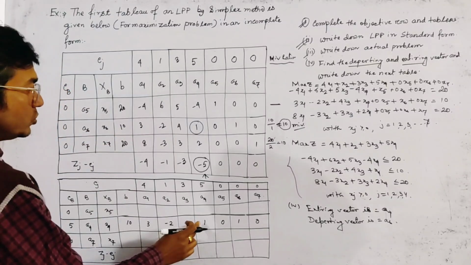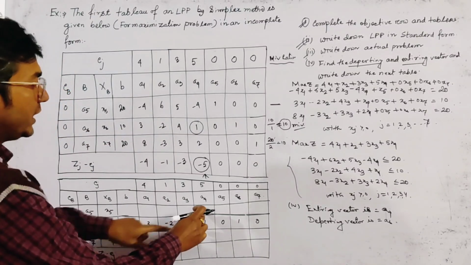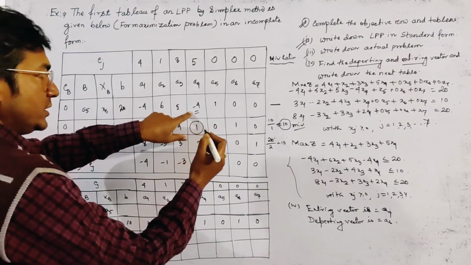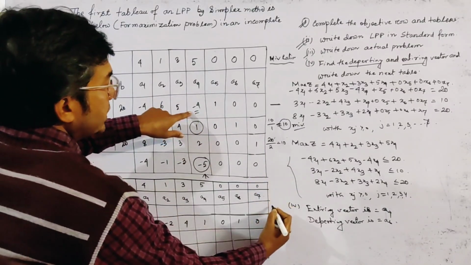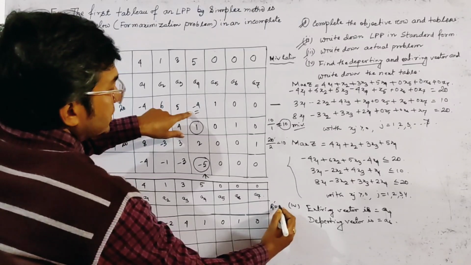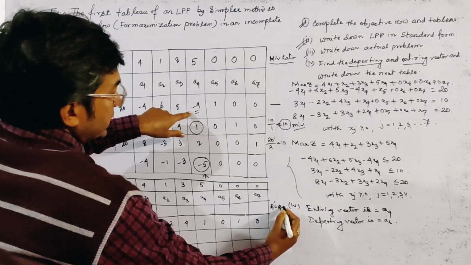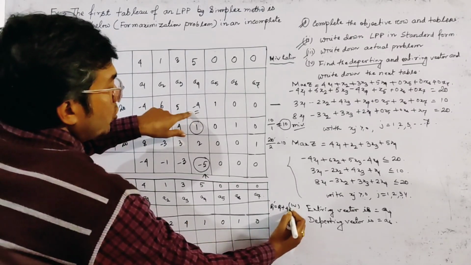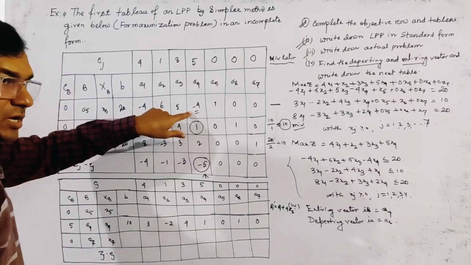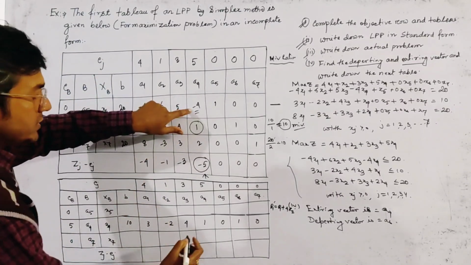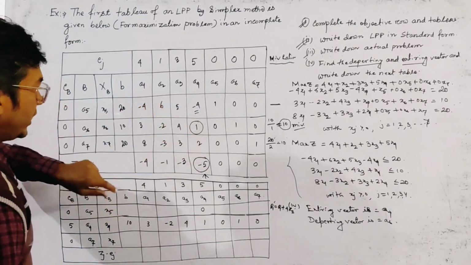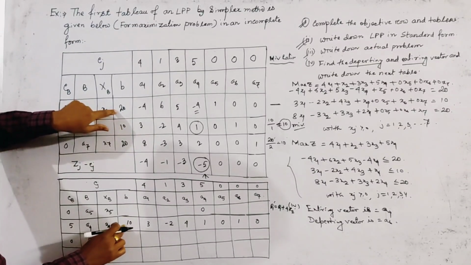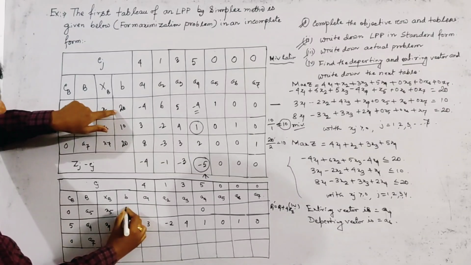Now to convert this into 0, we make an operation: R1 dash equals R1 plus 4 R2 dash, so it becomes 0. Now we start from the first. This is 20 plus 4 into 10, so this is 60.